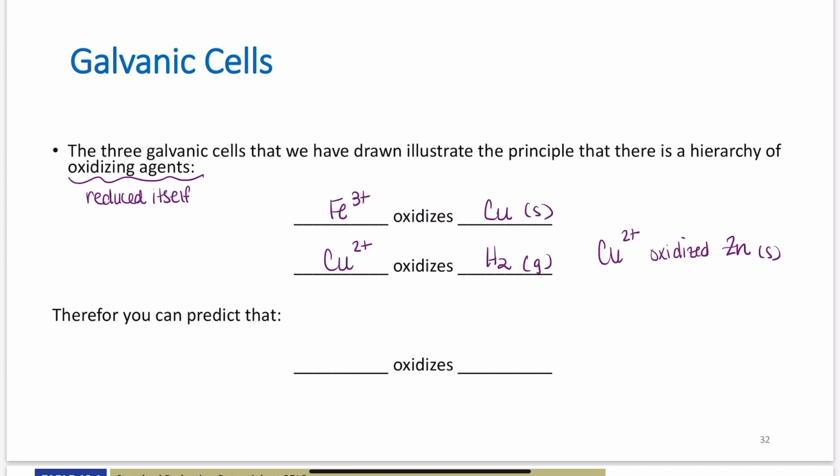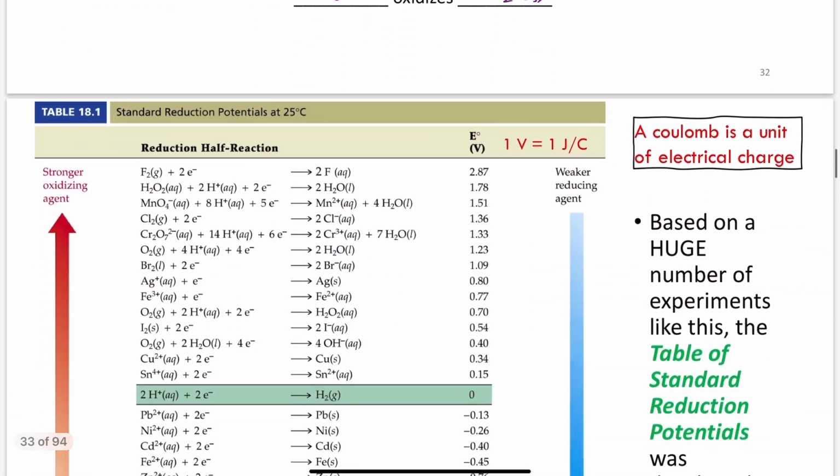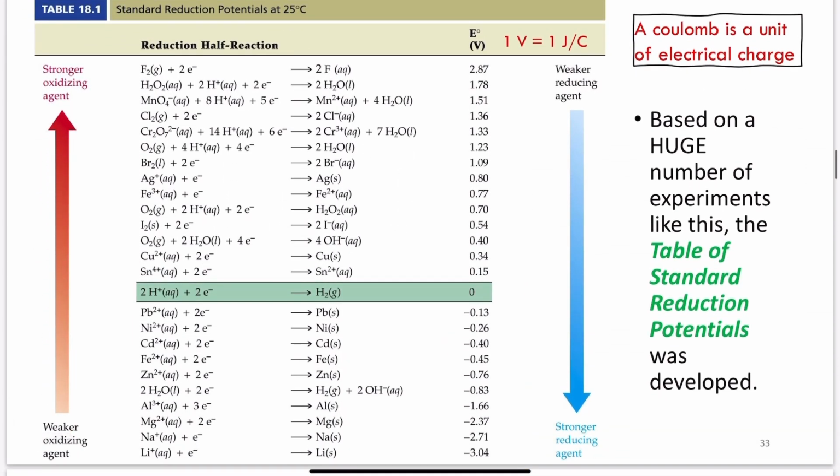But because of that, we should be able to predict that the Fe3 plus would oxidize the H2 gas, right? If copper is able to oxidize hydrogen gas, but iron is able to oxidize copper, then it's fair to say that iron 3 plus should be able to then oxidize hydrogen gas. And what we have is the standard reduction potential table.